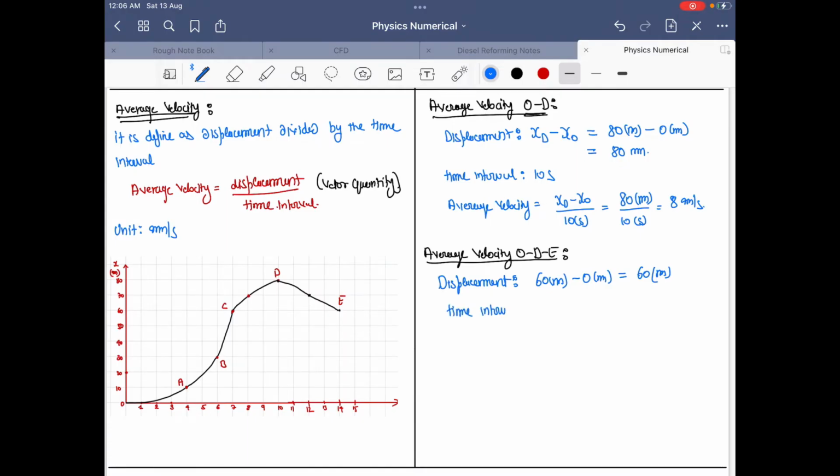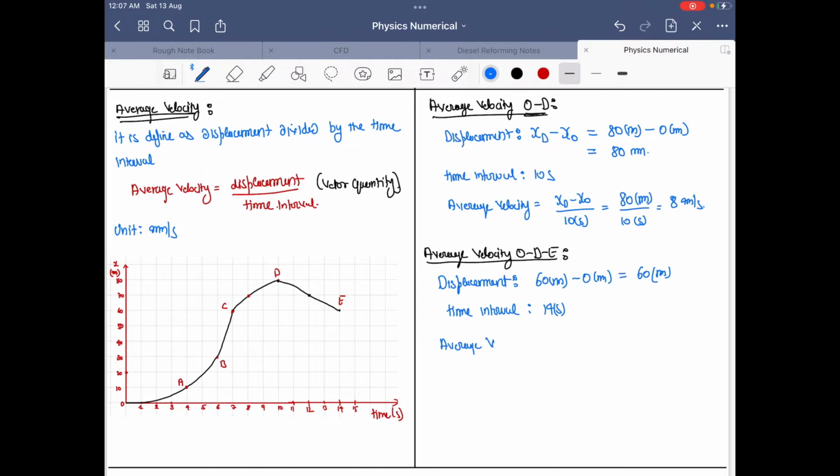And what is the time interval? What is your time interval here? The time interval is 14 seconds. So here this axis is time in seconds, and you have the time interval of 14 seconds.